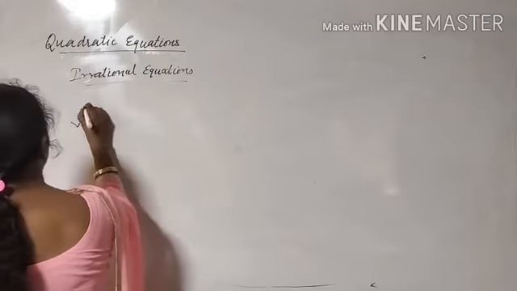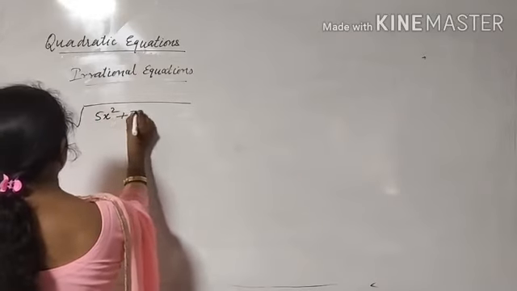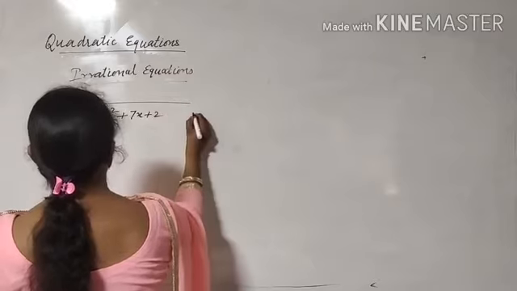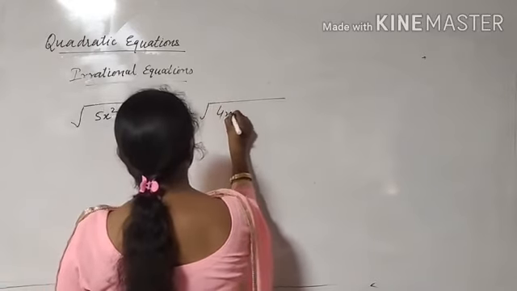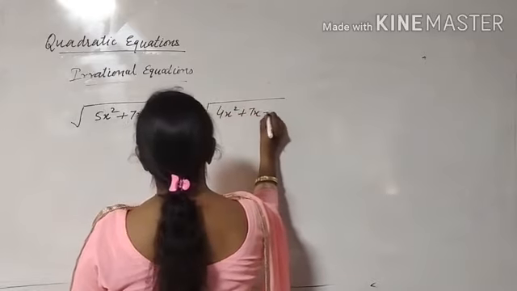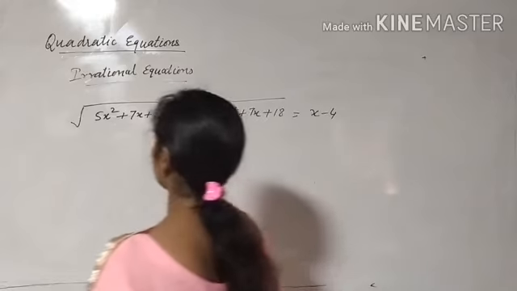That contain the square root of the quadratic terms: square root of 5x square plus 7x plus 2 minus square root of 4x square plus 7x plus 18 is x minus 4.